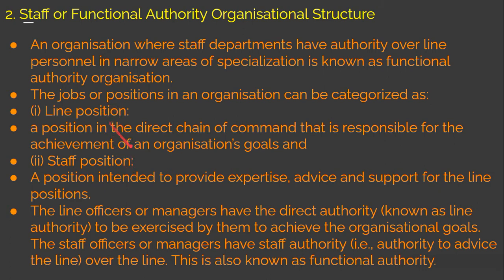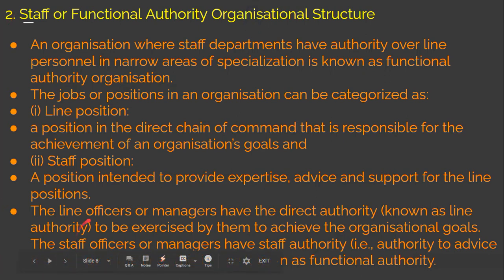They cannot discharge responsibility and they cannot take care of certain responsibilities. So a specialized staff position is appointed, and they provide expert advice and support for the line positions, and that particular structure becomes the functional organization structure.